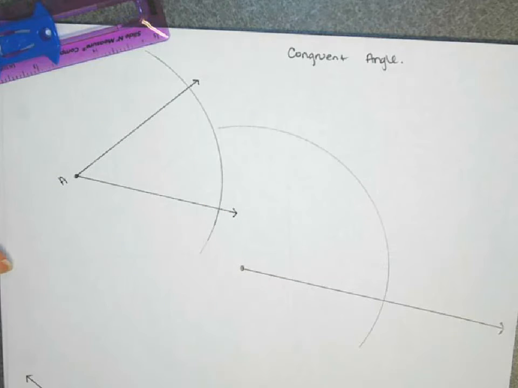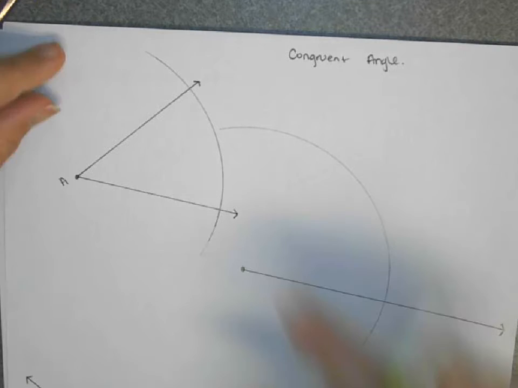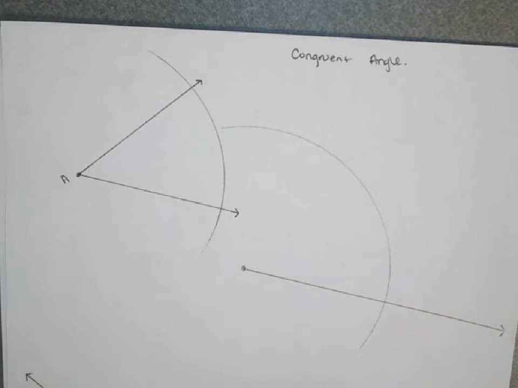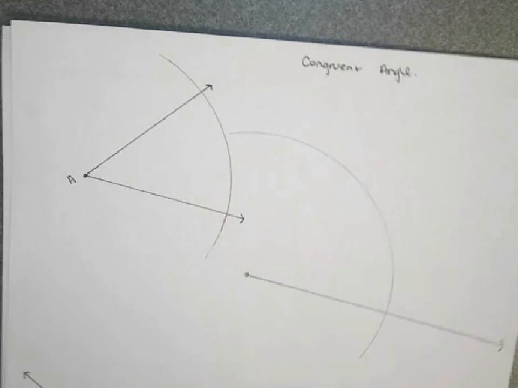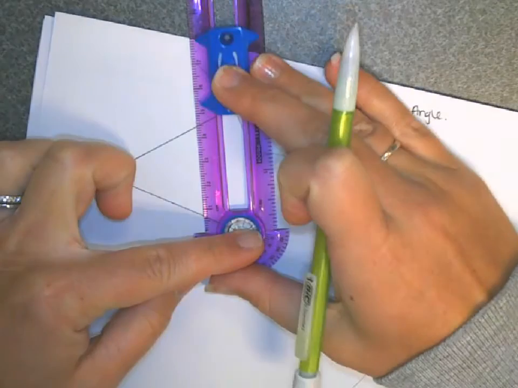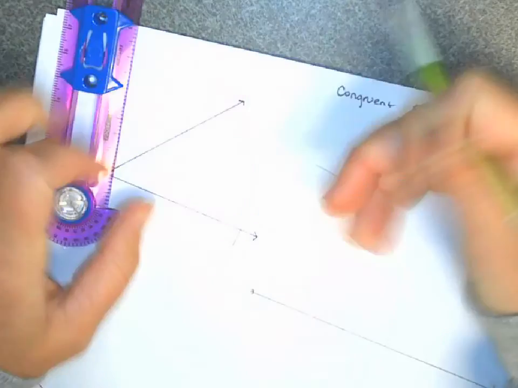Okay? And now in our next step, what we need to do is we need to measure how far up that arc that next ray hits. Because how far up this arc is that other ray going to be going through? So when you open up your compass, you're going to put your compass.